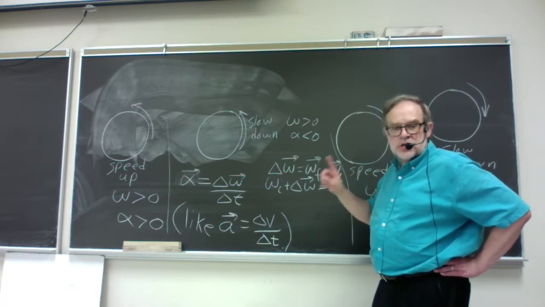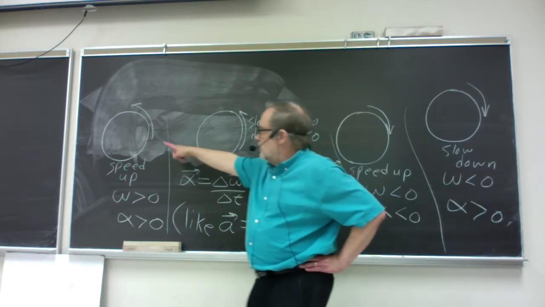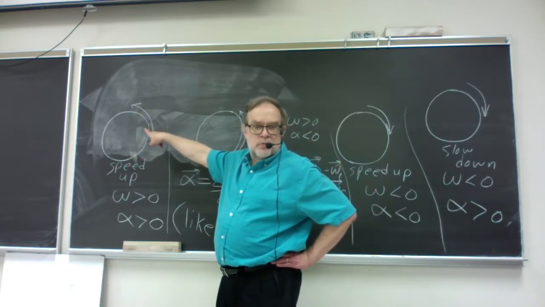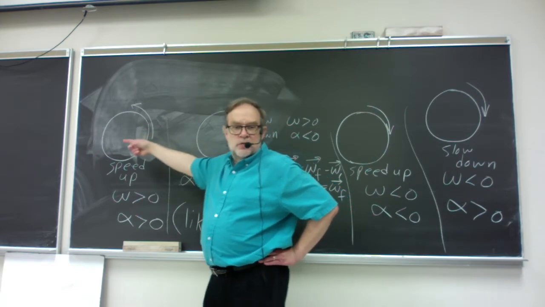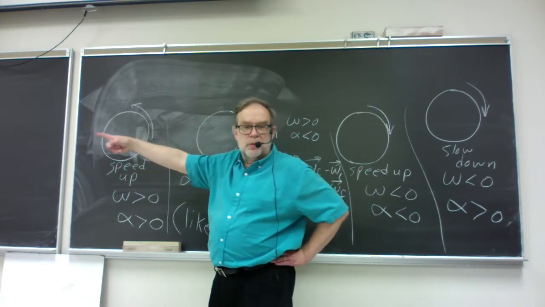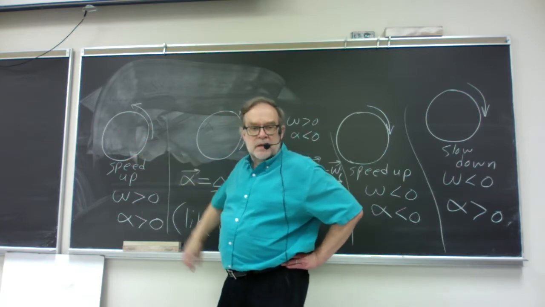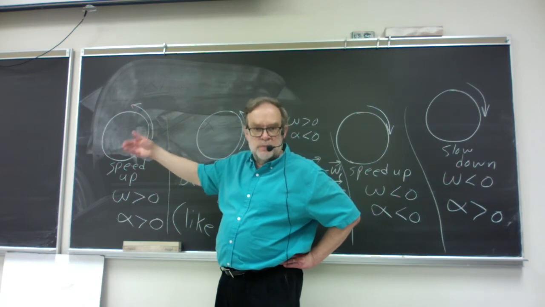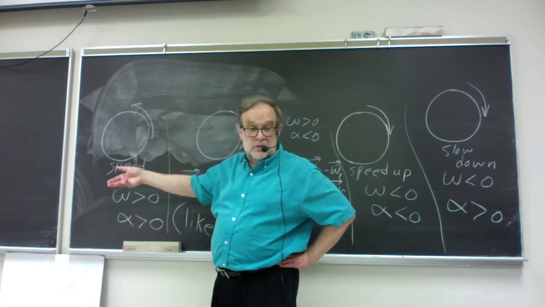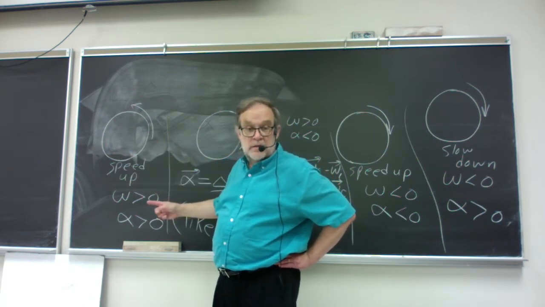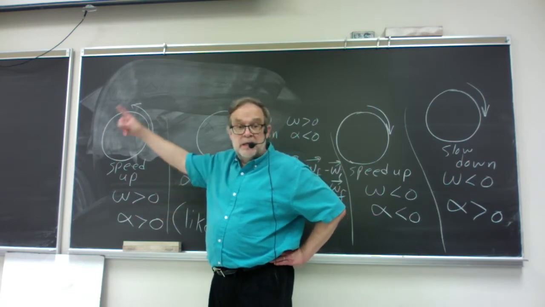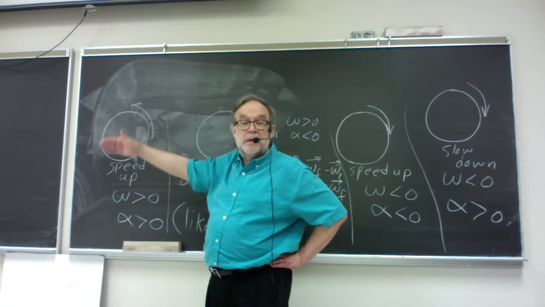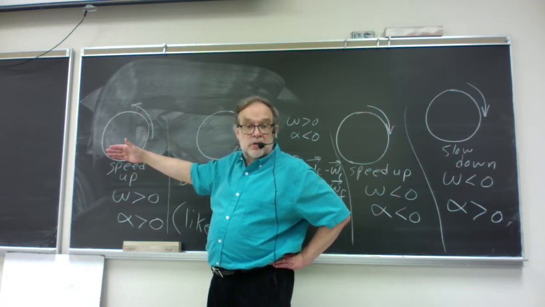So, for example, over here imagine, say, a disk, and you're looking at it from above, and the axis of rotation is perpendicular to the blackboard, and it's spinning counterclockwise. Counterclockwise rotation always corresponds to positive angular velocity. And if it's speeding up, that means it's gaining more and more of that same type of angular velocity.